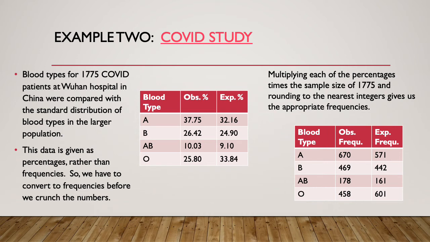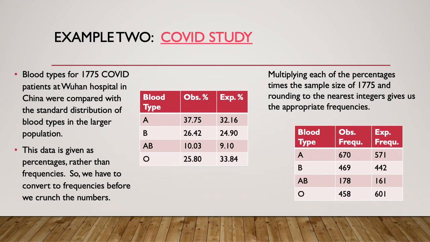Now, the problem is, to do a chi-square test, you need frequencies, not percentages. So if the data is presented in percentages, we need to convert that to frequencies. But that's pretty easy. We just take the sample size, 1,775, multiply that by each of the percentages in the percentage table, and you might have to round off to the nearest integer, but you can do that and create this second table, which shows us the frequencies.